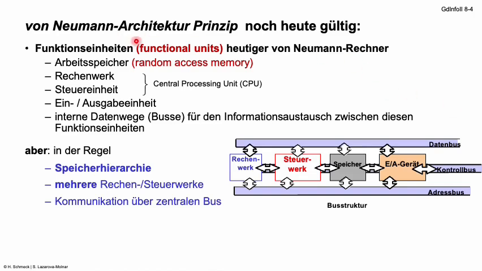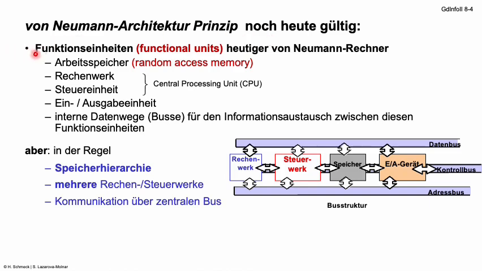As I already noted, the von Neumann principle or architecture is still in use today. Modern computers are still based on this architecture in general, of course with some modifications.